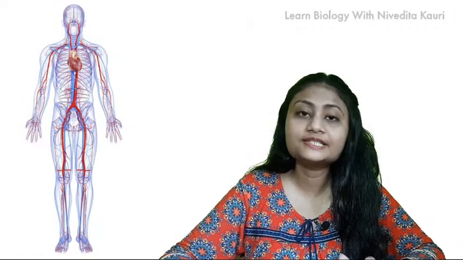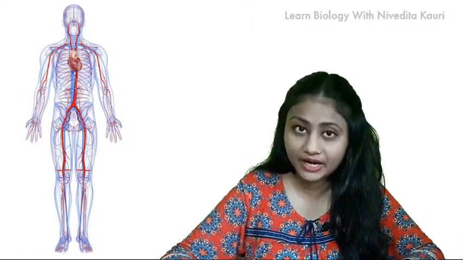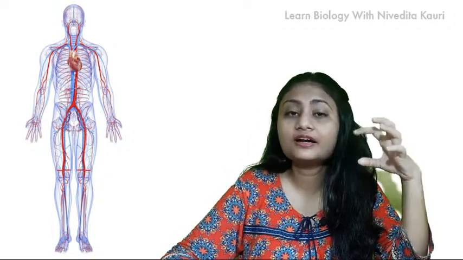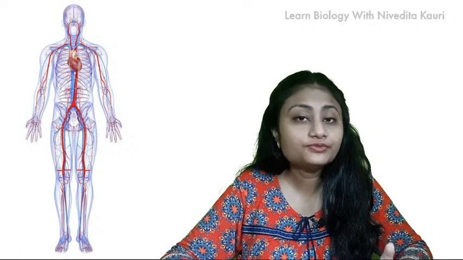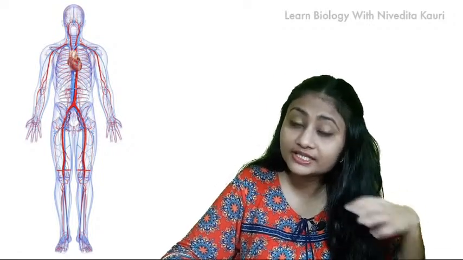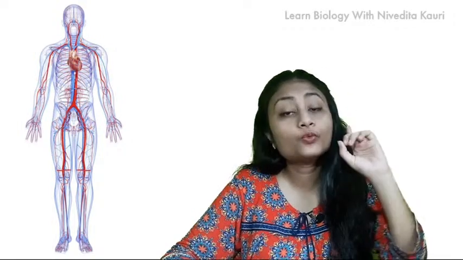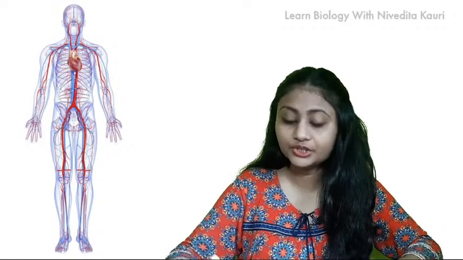Our heart is myogenic. The heartbeat is generated by the modified cardiac muscle or heart muscle itself. The modified myocardial cells which can generate and conduct the electrical impulse without any external stimulus is known as the junctional tissue.